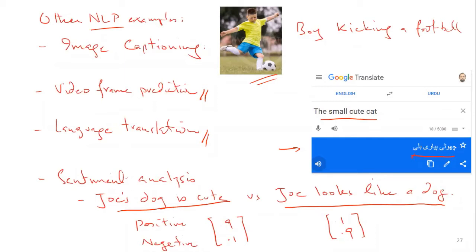Clearly this is a positive sentiment and here is a negative sentiment. So you want to come up with a vector which explains this particular sentiment, and this is the whole area of sentiment analysis. In all of this, the sequence of data is very important. Where is dog coming in? Where is Joe coming in? And so on.